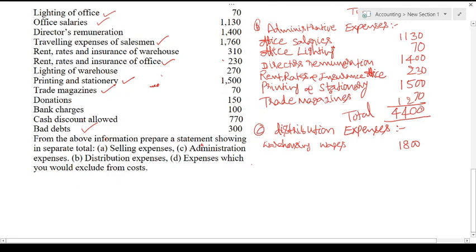And then warehouse repairs, 1500 rupees.